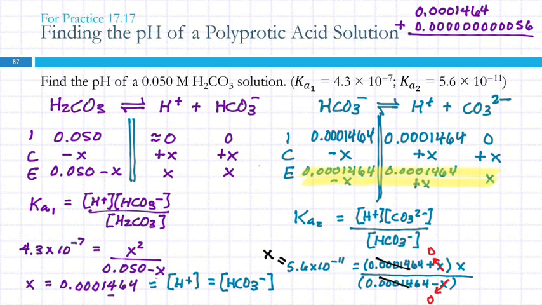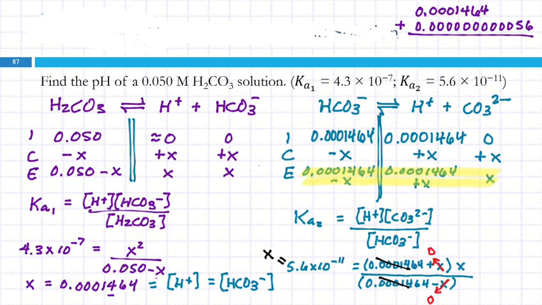Let me make some space up here. This slide is getting very crowded. So to check the X is small, I'm going to take the value of X, 5.6 times 10 to the minus 11, and I'm going to divide it by the number I was adding it to or subtracting it from. Here, those are the same number. If they're different numbers, use the smaller one, because that's going to give you a bigger percent.